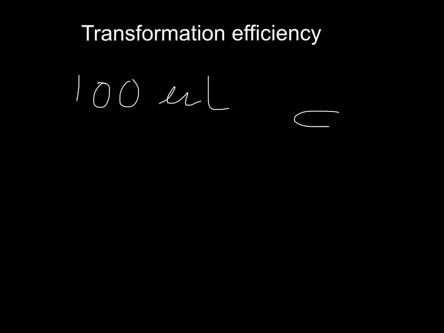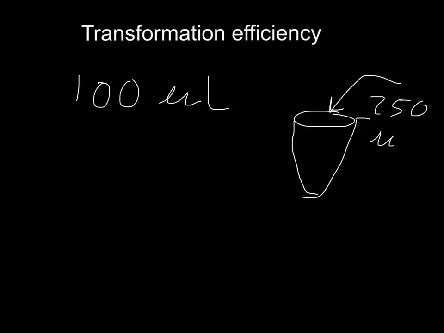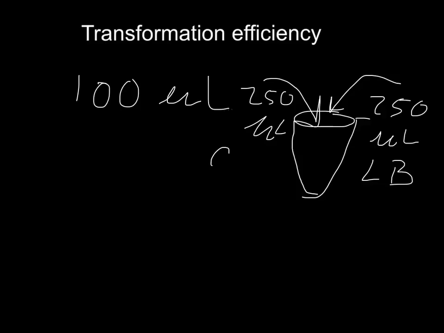So let's pretend this is your test tube. Inside of this test tube, we added 250 microliters of luria broth. What else did we add? We also added 250 microliters of your calcium chloride, which is also your transformation solution.